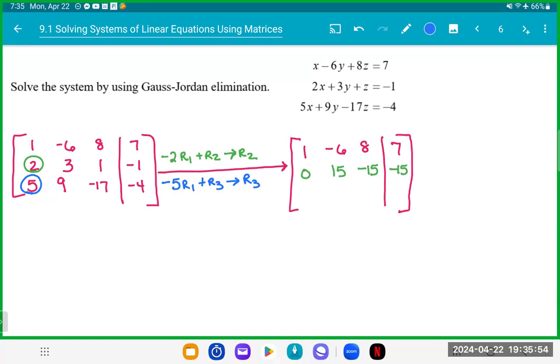Okay. -5 times 1 plus 5 is a 0. -5 times -6 plus 9 is 39. -5 times 8, -40 minus 17, -57. -5 times 7 is -35, plus -4 is -39. Okay? Any questions?